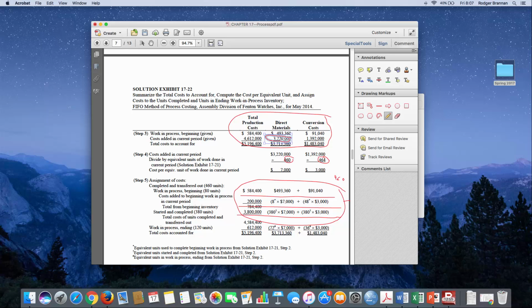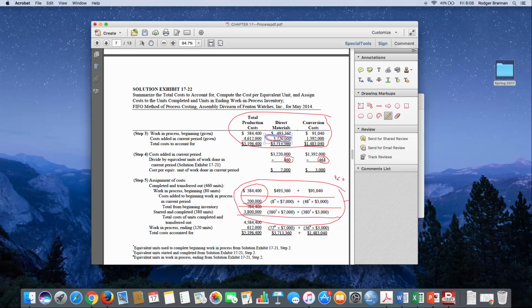But now I want to take those costs and add to them what I needed to finish it. This constitutes the amount of beginning inventory, what I started with, plus the work that I added to it during this time period. So the 784,400 is ready to move over. And then take the 380 of what I started and completed. Then the 33,800,000 constitutes the value of what I started and finished.